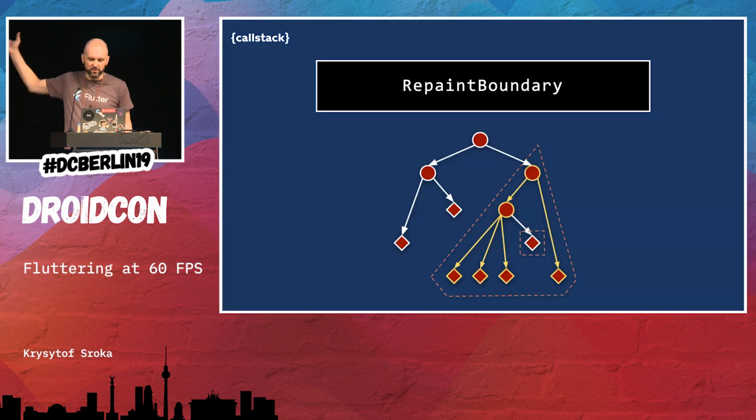As you can see, only the subtree on the right actually got marked in yellow, which means it's marked for being repainted. And also, it stops propagating down. So this one small widget in the middle of that subtree also wouldn't be repainted if the parent just repaints its children. Of course, as I said here, if layout changes, this doesn't matter.